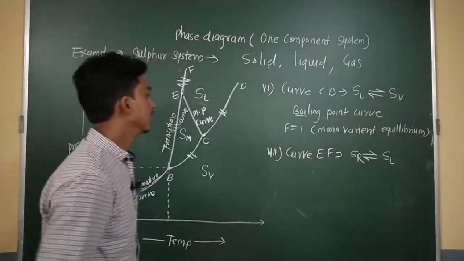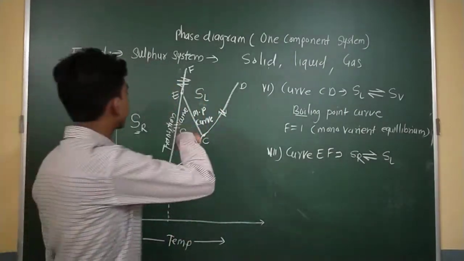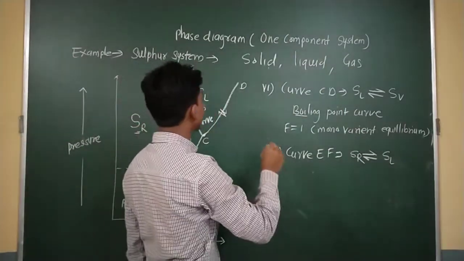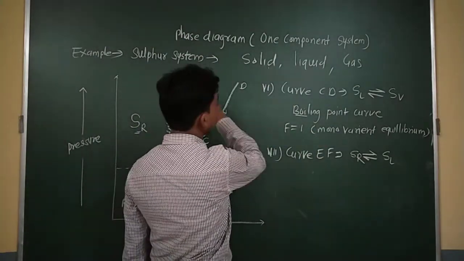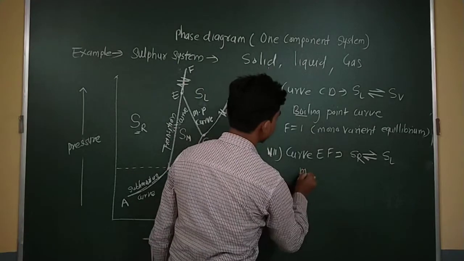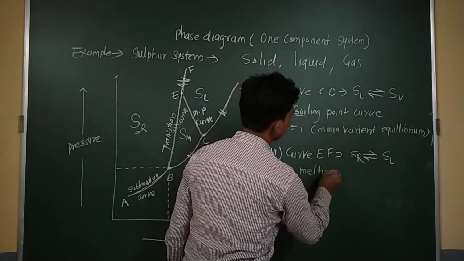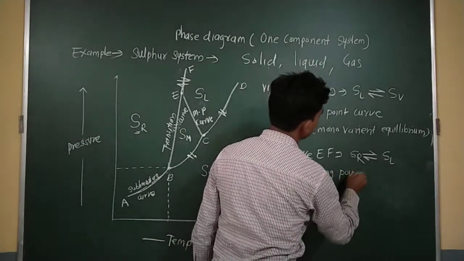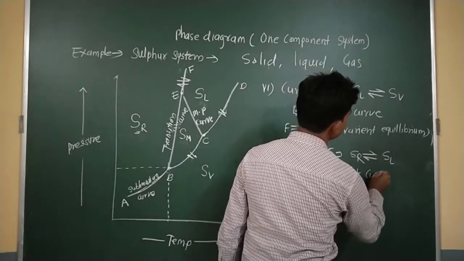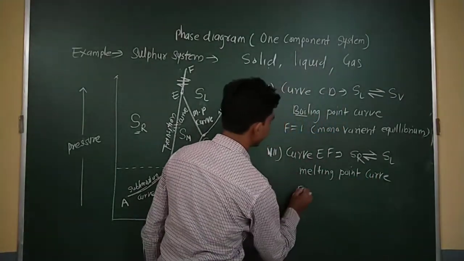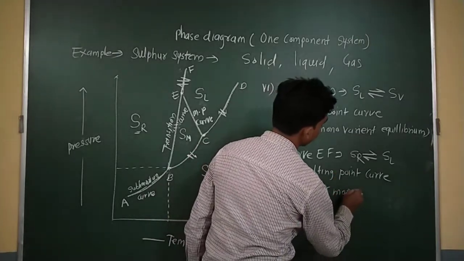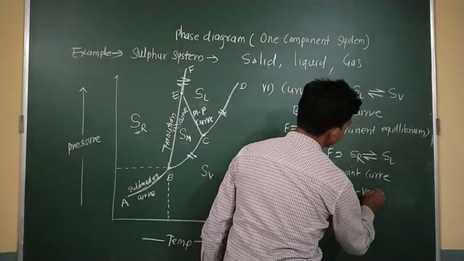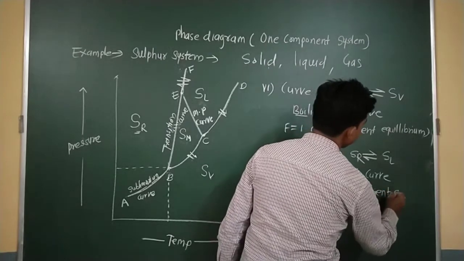Which kind of curve is this? Because this is solid and this is liquid, we can say this is also called a melting point curve. F is equal to 1 is here, and this is the monovariant equilibrium.